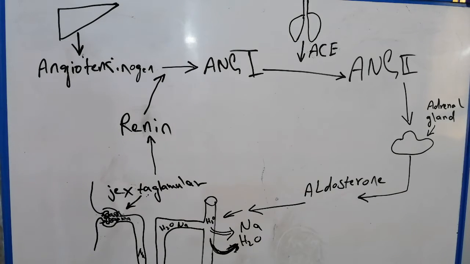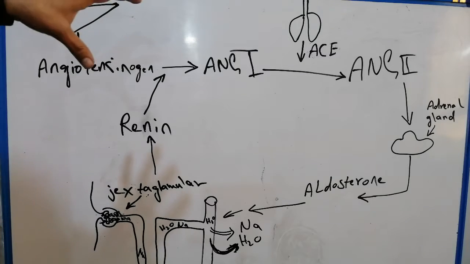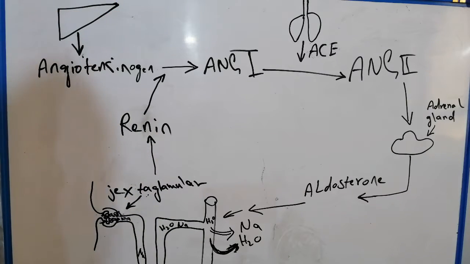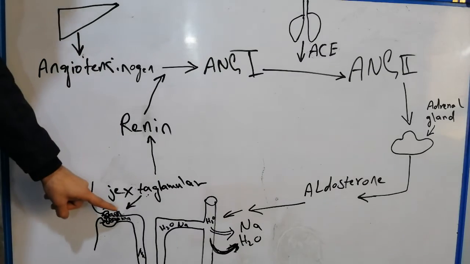Hello guys, today we'll talk about the renin-angiotensin system, and also about some antihypertensive drugs which act by inhibiting this cycle. The renin-angiotensin system begins in the glomerulus.